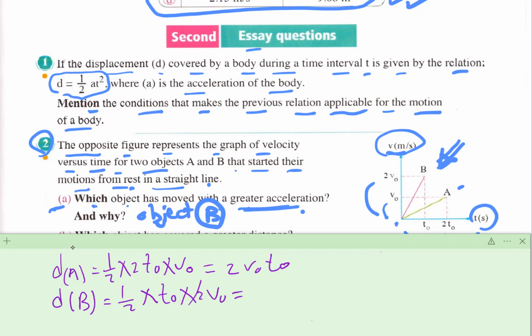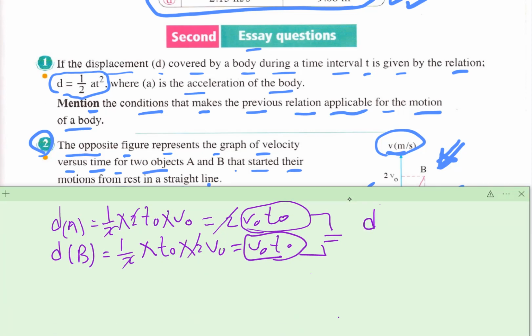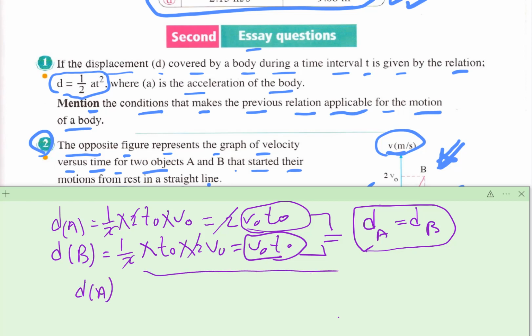So hold on, here V naught T naught, the 2 goes with 2. So V naught T naught. As you see, they have the same area. So the distance covered for A equals the distance covered for B. So both covered the same distance.